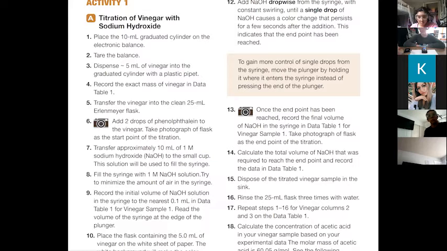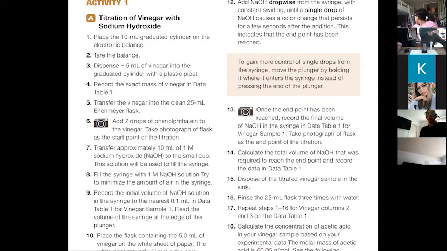Because if we don't transfer all of the volume of the vinegar from our graduated cylinder, it's not going to show up in our flask. I want to know exactly how much we transferred to the flask. So I think that's a bad point on their part. So Roger's going to measure 5 mils.